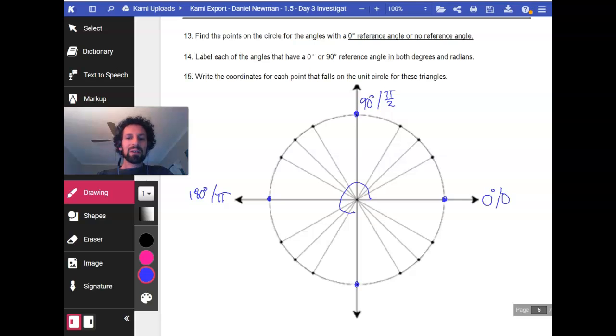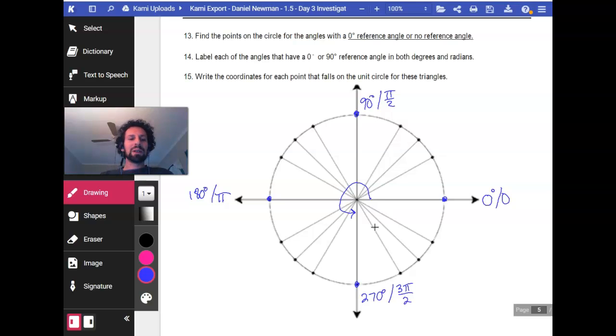And when we get to this angle right here, that's 270 degrees, 90 degrees more than 180, or a half pi more than pi, what we call 3/2 pi, or 3 pi over 2.